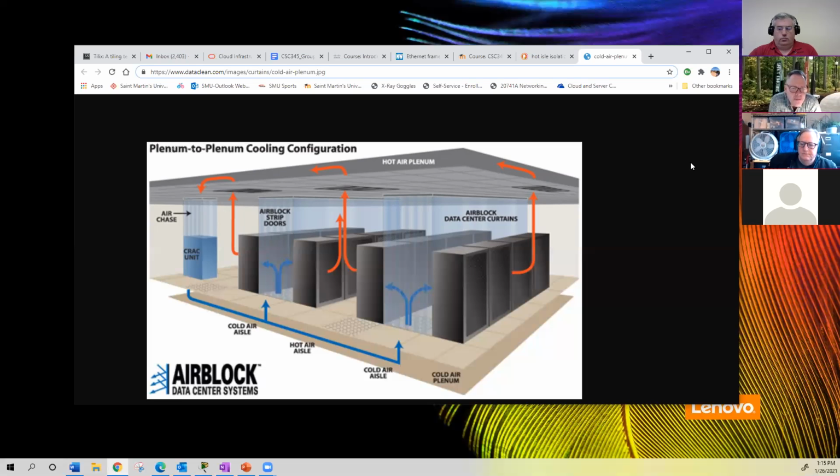And if it's too moist and too cold, that combination called the dew point, you can get condensation. You can actually have water droplets form on sensitive electronic equipment, which is what you don't want, because that can short circuit your servers, switches, and other equipment in your data center.